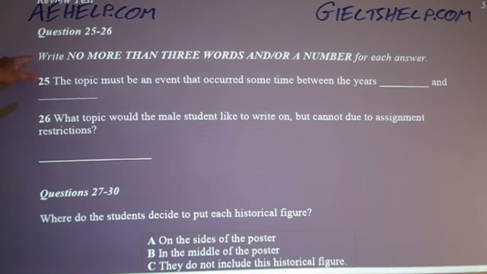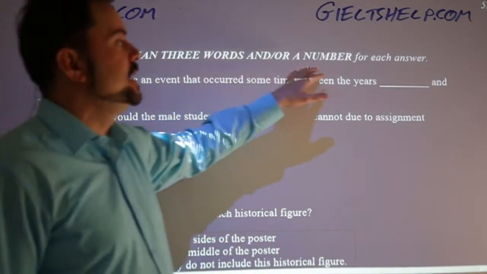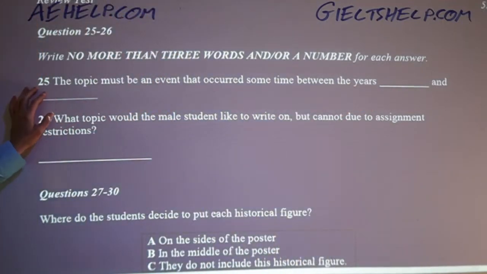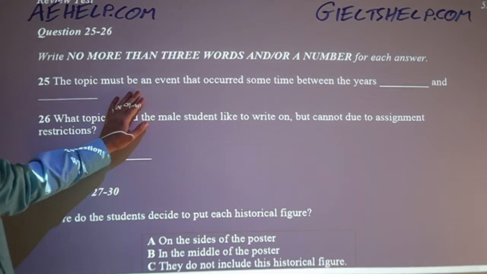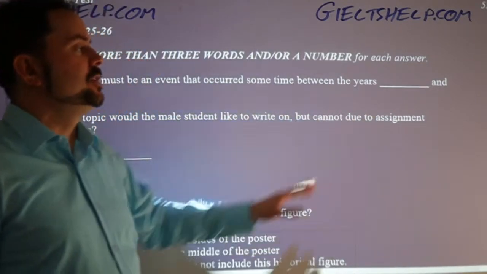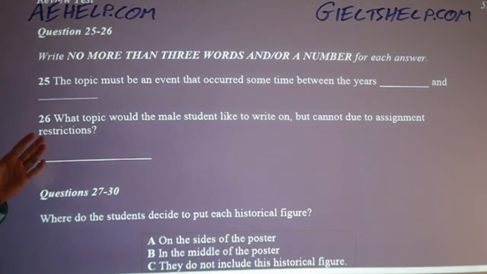All right, so question 25 to 26. Write no more than 3 words and or a number for each answer. Here you needed 2 for number 25. The topic must be an event that occurred sometime between the years something and something. So Baccarat, Marjona, Jack Williams say 1400 and 1800.